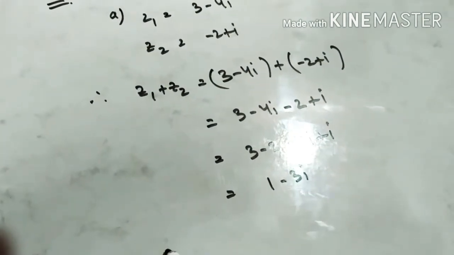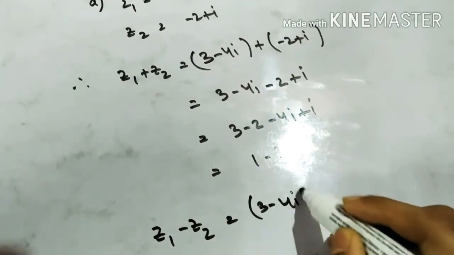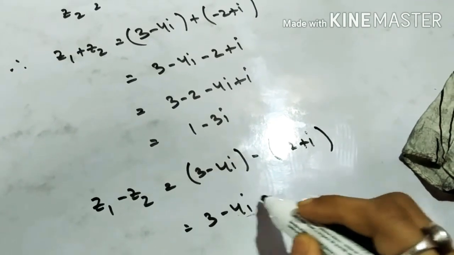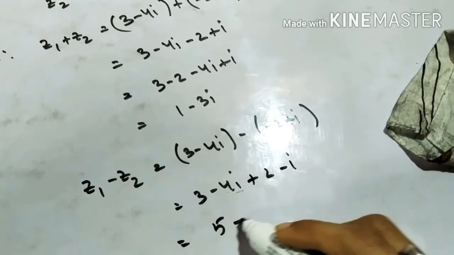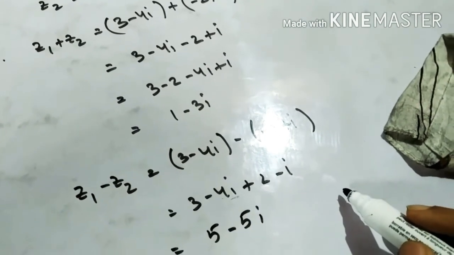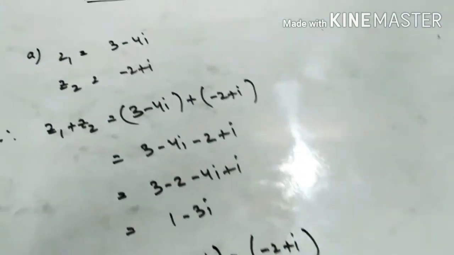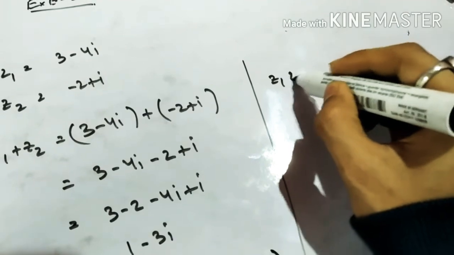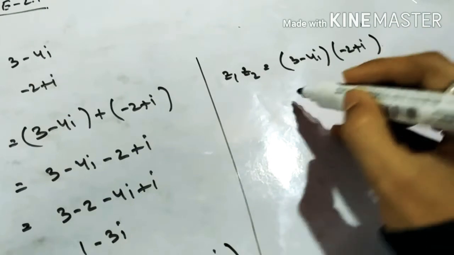Next it is z1 minus z2: 3 minus 4i plus 2 minus i. So this will become 5 minus 5i. Next I have to find z1 z2, which is (3 minus 4i) into (minus 2 plus i).